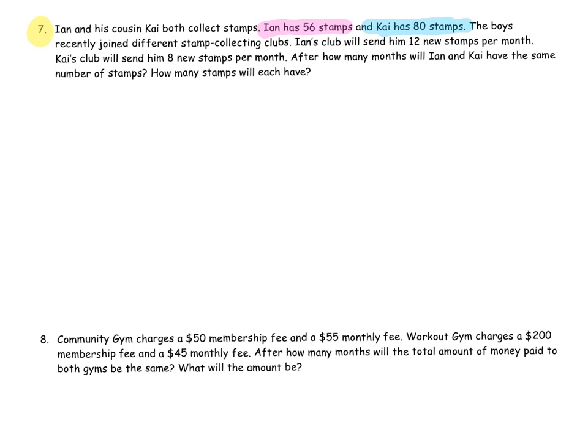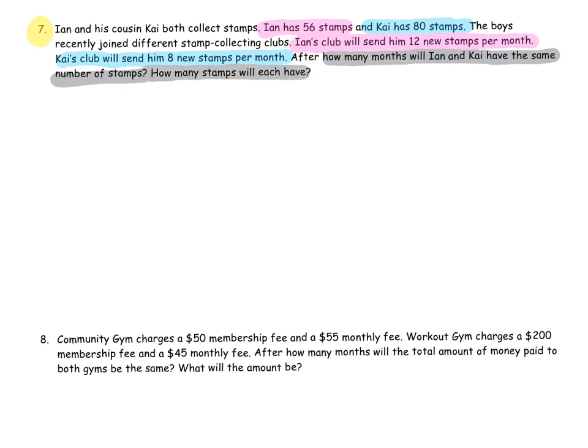Ian's club will send him 12 new stamps per month, while Kai's club sends him 8 new stamps per month. We want to know, after how many months will Ian and Kai have the same number of stamps?